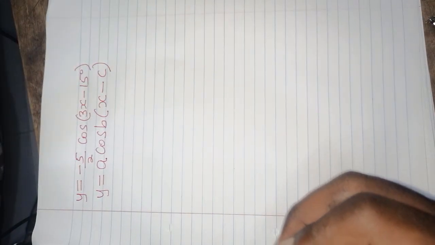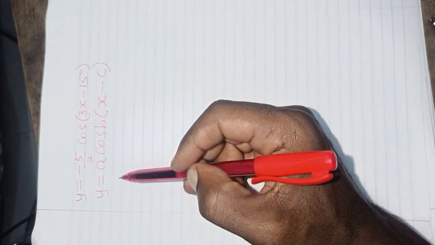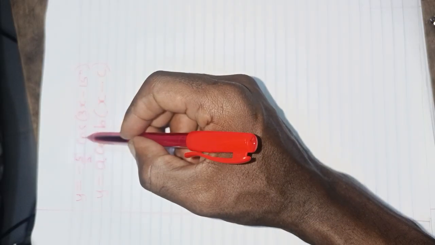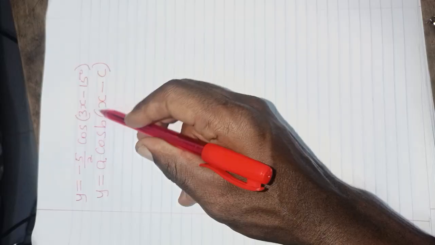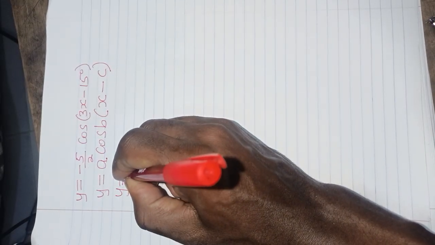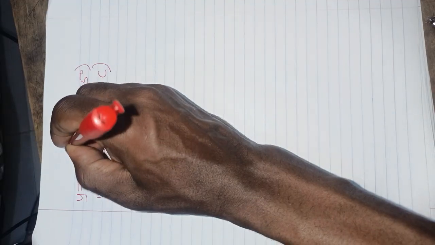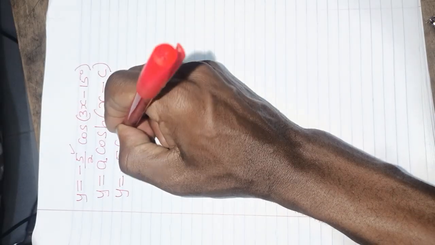What I mean is this: you are supposed to go back to the question given, rewrite that equation, having that trigonometric ratio into the form y is equal to a cos b into x minus c. So I'll just come here and say y is equal to, my a is -5/2. So -5/2, then I say cos.